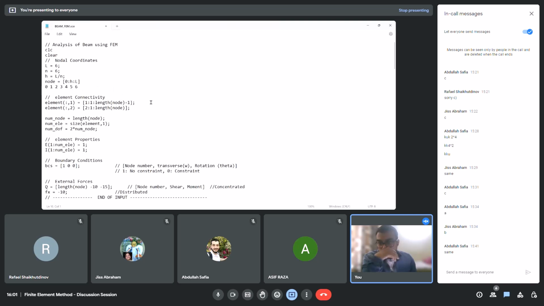Now this says iteration of 1 till the length of node, so this is like 1 2 3 4 5 6 7 minus 1. Okay, length of node minus 1. So from here 1 to 6, and here 6 to 7. Okay, now this makes sense.